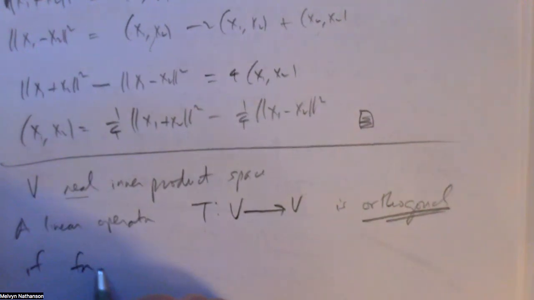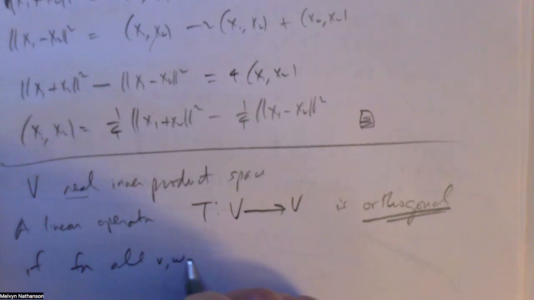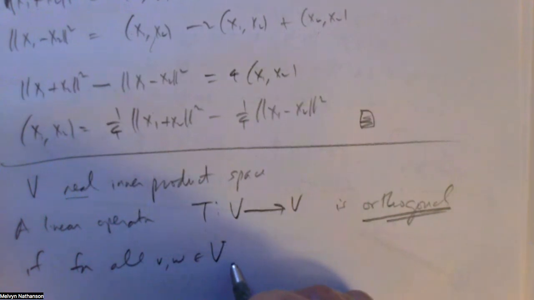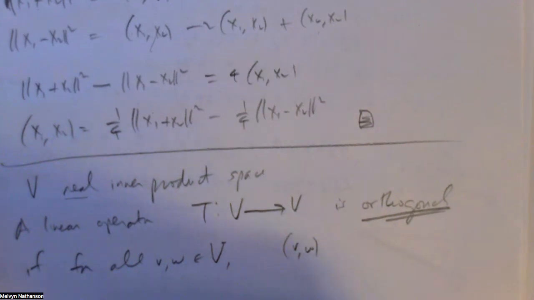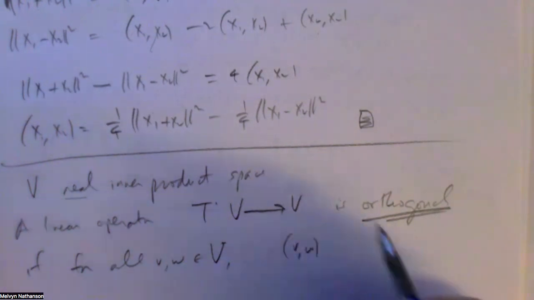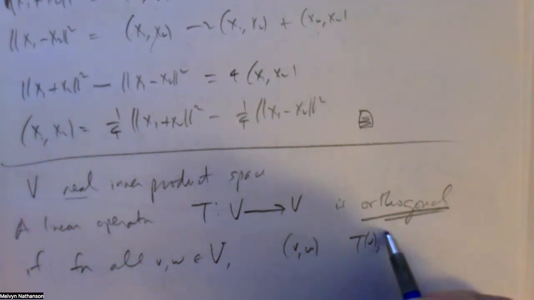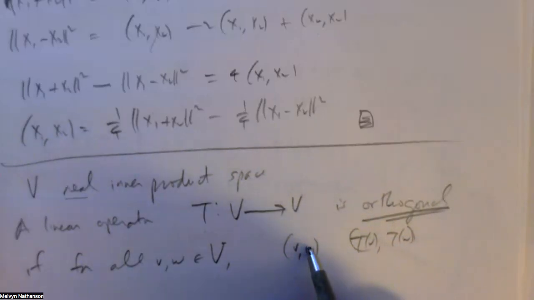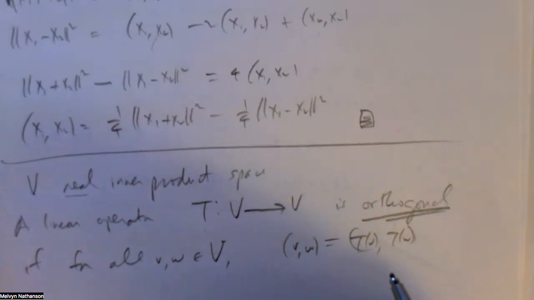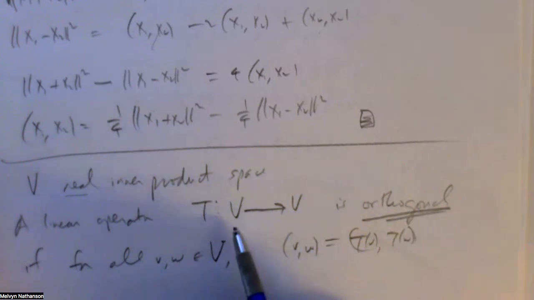If for all vectors v and w in the vector space V, you can take v and w and compute their inner product. You can also look at T of v and T of w and compute their inner product. And if these are equal for all v and w, this linear transformation from V to itself is called orthogonal.